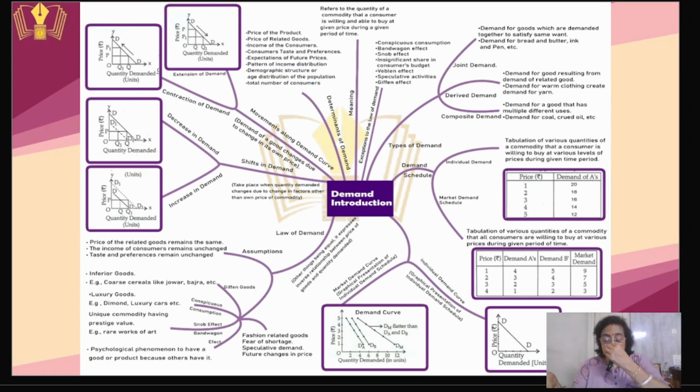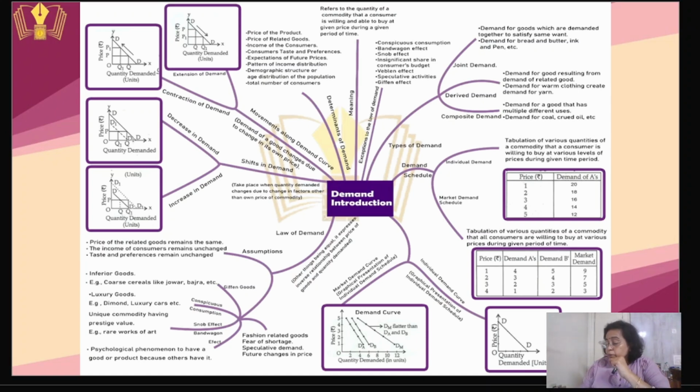You have in your syllabus joint demand, derived demand and composite demand. Now when we talk about joint demand, what exactly does it mean? When demand for different complementary goods is created at a time, or you can say demand for goods which are demanded together to satisfy the same want, we call it joint demand.